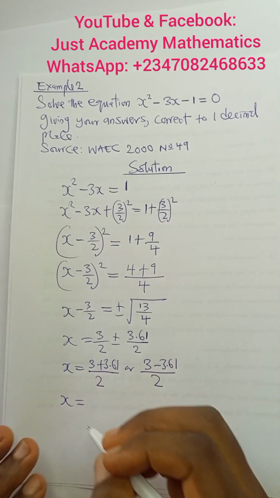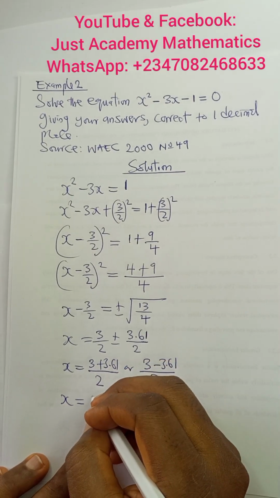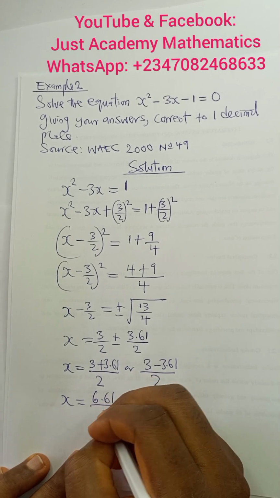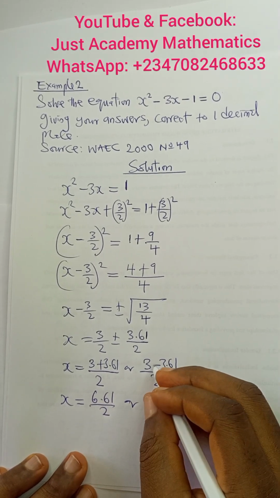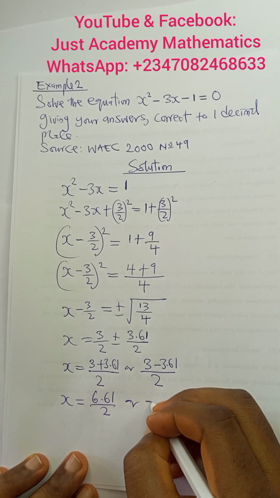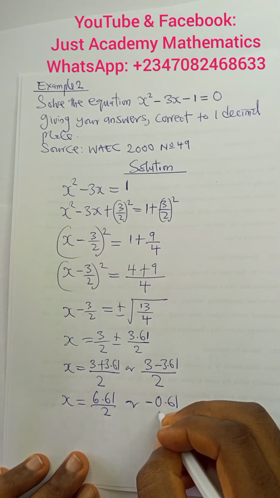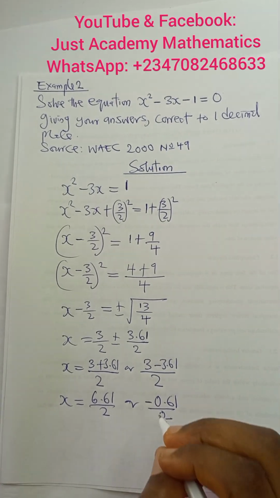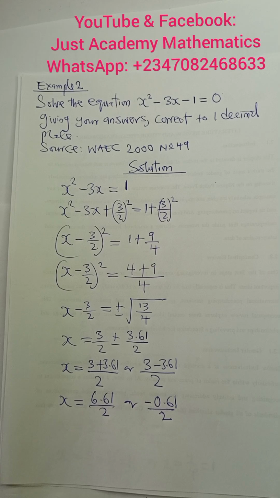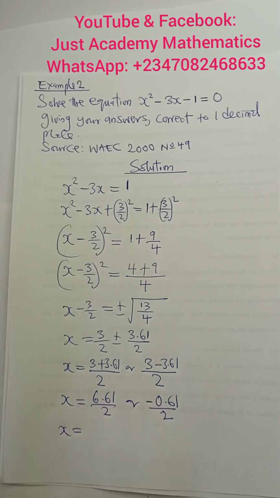So s equals 6.61 divided by 2, or when you subtract this, you have minus 0.61 all over 2. Are you following now? So if that is the case, we divide by 2 and leave our answer in 1 decimal place.